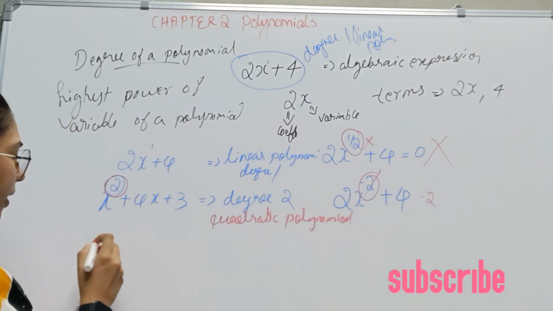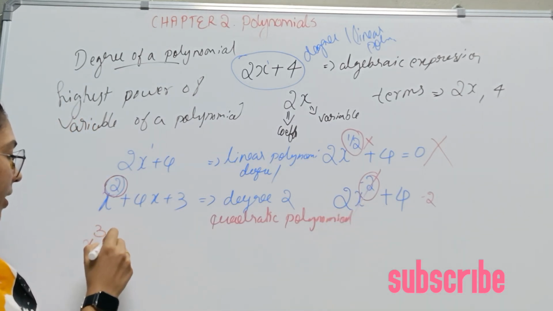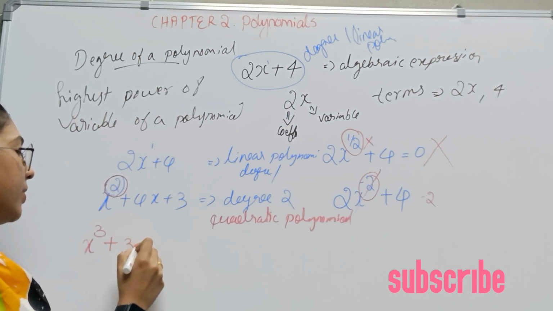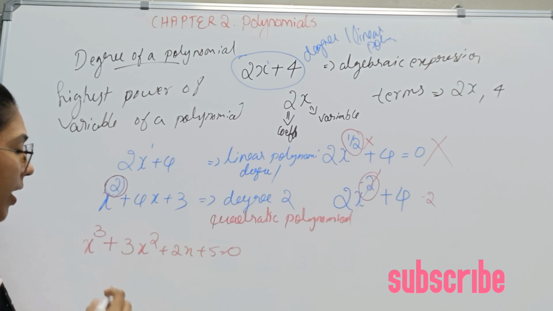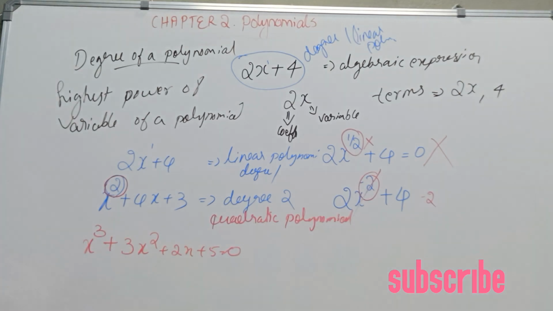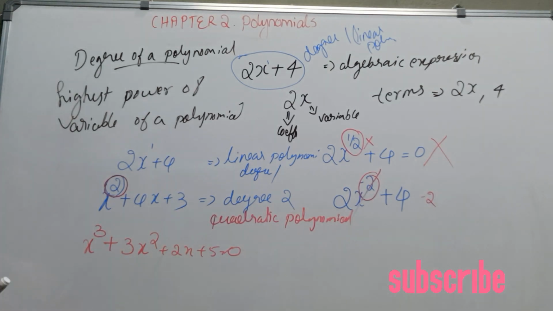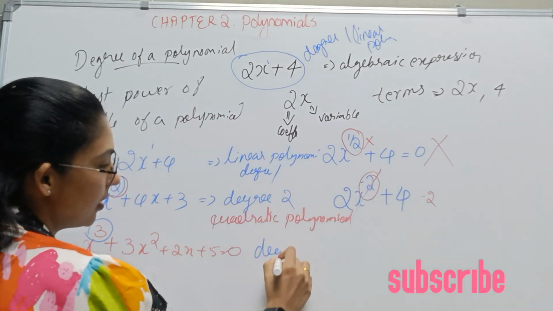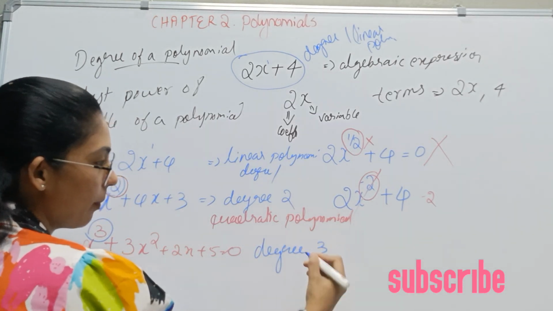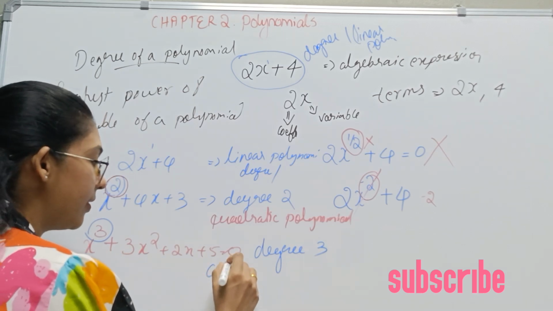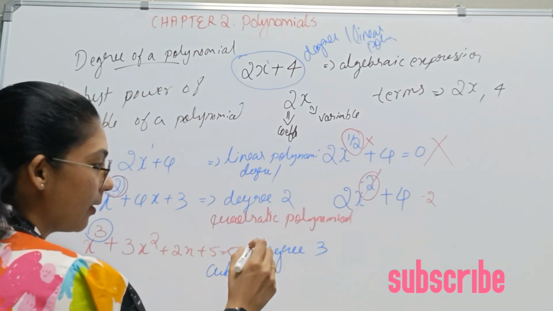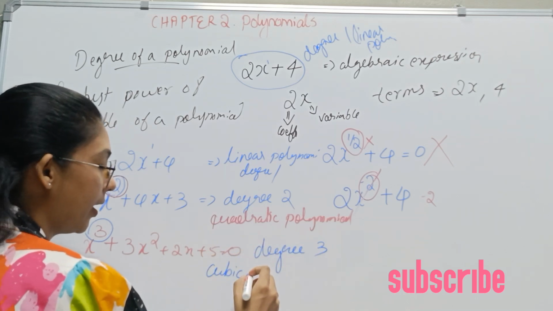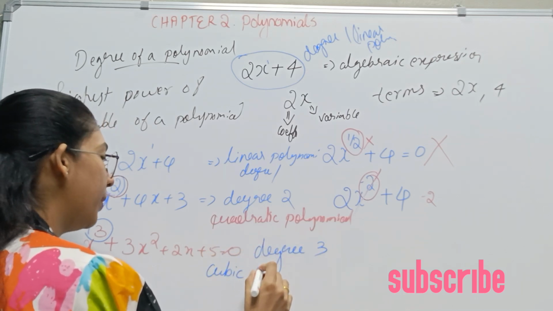Clear? Next one is x cube plus 3x square plus 2x plus 5 is equal to 0. Here, what is the degree of this polynomial? The highest power is 3, so this is a polynomial with degree 3, and any polynomial with degree 3 is said to be a cubic polynomial.